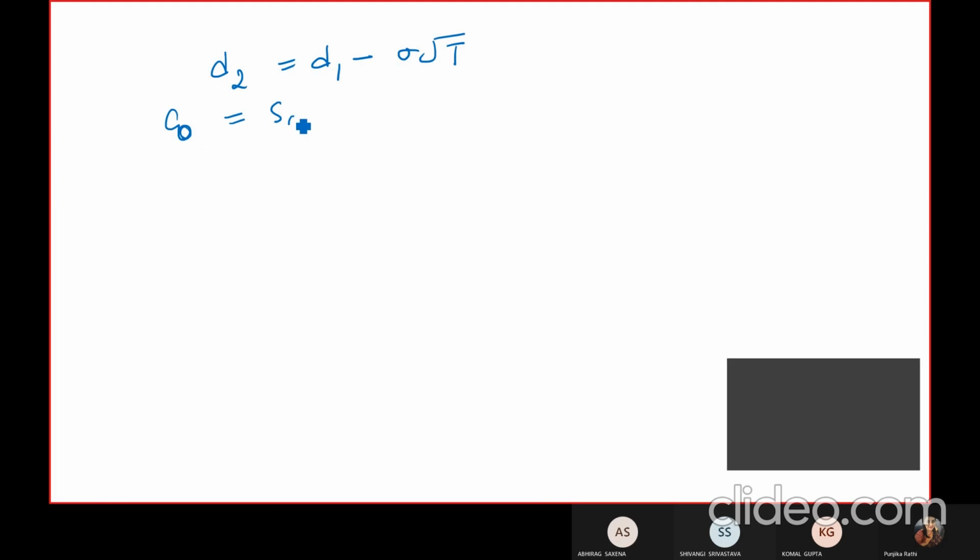It is equal to S naught into N(d1) minus E into e raised to the power minus rT into N(d2). Now what is this N(d1) and N(d2)? N(d1) is the normal distribution value of d1, and N(d2) is the normal distribution value of d2.